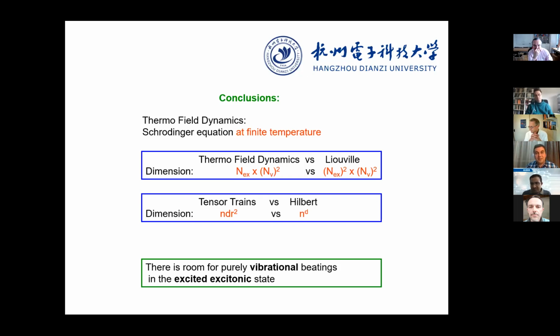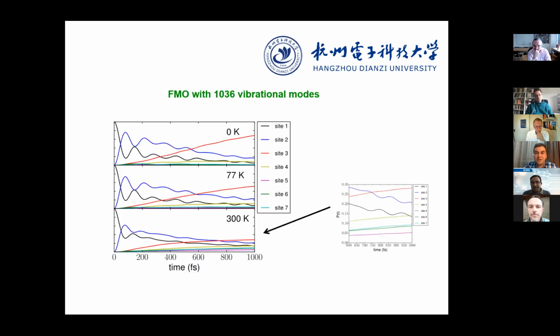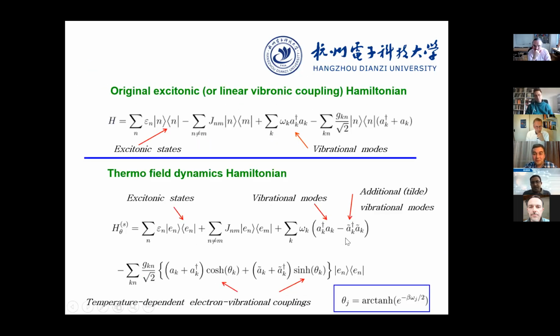Yes, they don't interact with each other in the original Hamiltonian. In the tilde space and the normal space, they interact among each other, I guess. There is no direct interaction. They just interact via the excitonic degrees of freedom. So if you don't have coupling, if these J's are 0, you just get a bunch of shifted harmonic oscillators.